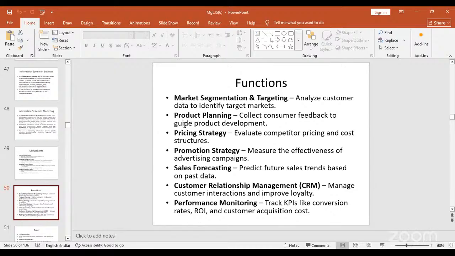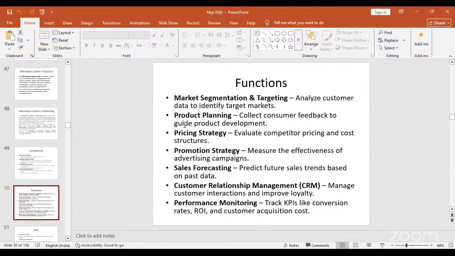Then customer CRM, that is managing the customer interaction and improving the loyalty. Customer relationship management: the return policy is this, and you have to return it and take your money within such a period. You have to use this product for such a period.